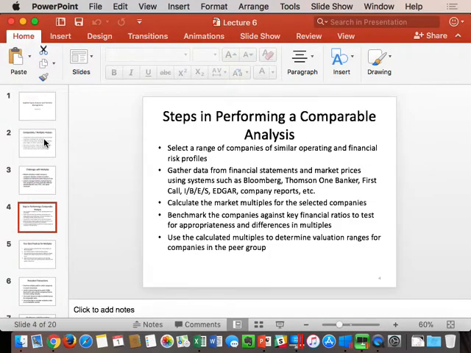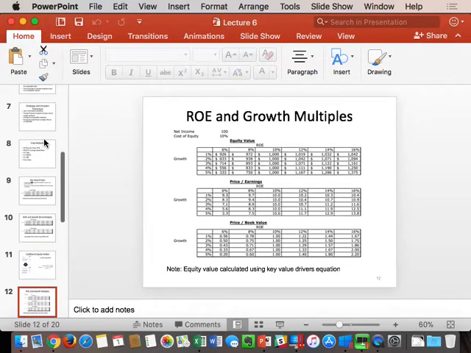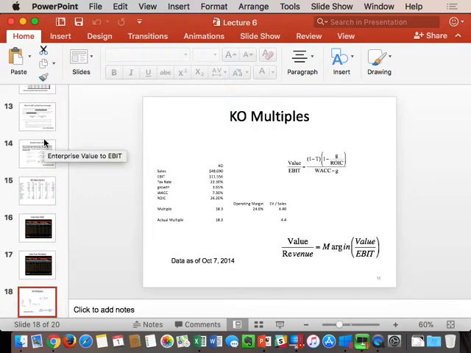When we talked about the key value drivers in the last class, we said that enterprise value to sales or revenue equals the estimated EBIT margin times the enterprise value to EBIT. Therefore, as we already did in the valuation model, our estimated perpetuity margin pre-tax is EV to sales divided by EV to EBIT. Just kind of algebra here.